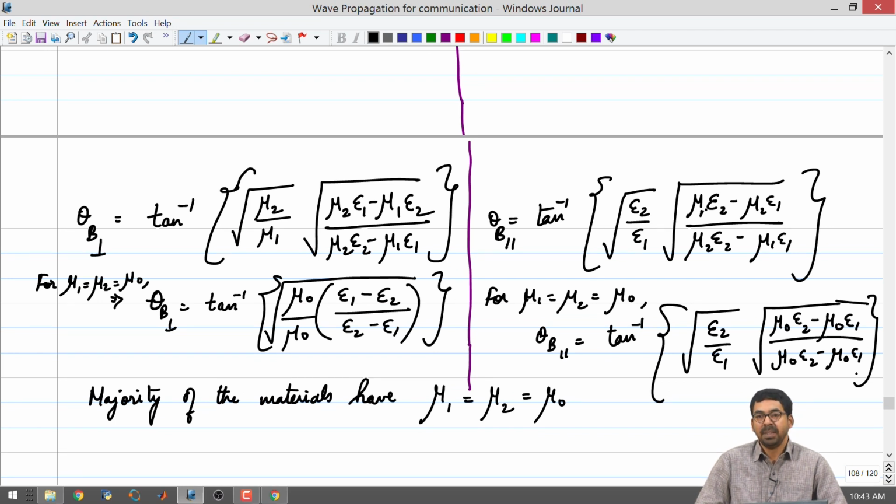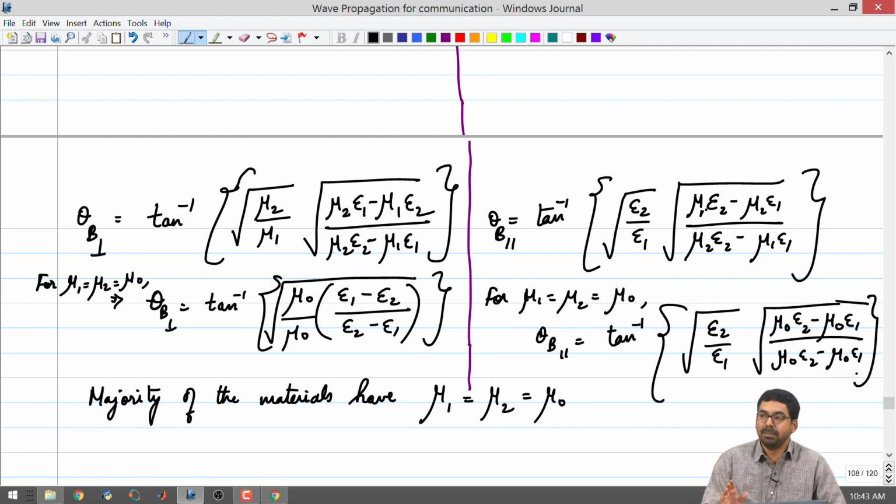Which means that for a given non-magnetic material configuration, the interface will have a reflection coefficient equal to 0 for the component of the electric field that is in parallel polarization. But if your incident wave has some other polarization, it may have some reflection coefficient. So, the polarization plays a major role at the interface in determining your reflection coefficient.